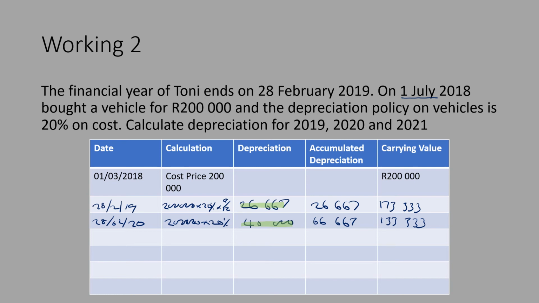So if you buy the asset during the financial year, you only charge depreciation from the time you owned the asset. You don't charge a full year of depreciation. Then 2021 will be the same.